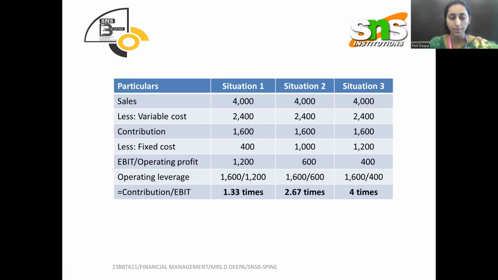We are just comparing sales and earnings. So there are three different answers from the calculation of operating leverage. 1.33 times is very important when writing answers for leverage concepts: 1.33, 2.67 and 4.